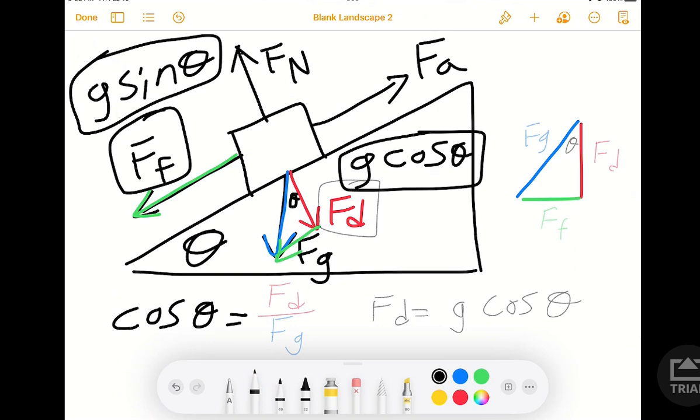Now, what does all of this really mean? I'm going to draw our final result one last time here.